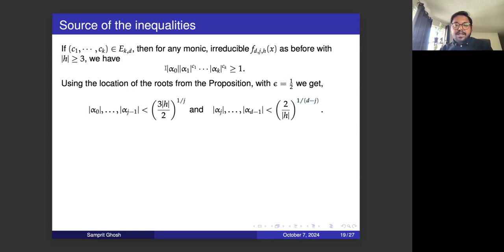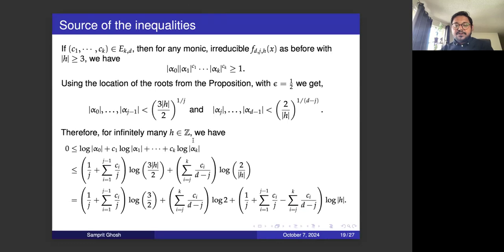And so now we plug it back here to the alpha 0, alpha 1 to the C1, and then I guess we are taking logarithm here, we get the following computations. So just taking log in this first inequality, you get 0 is less than or equal to log of this sum.